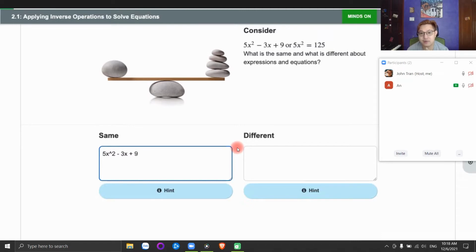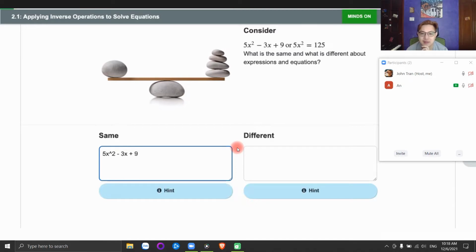But the question asks for the difference between expressions and equations in general, not just the thing that you saw here. So the difference between them is that equations have an equal mark, but expressions don't.